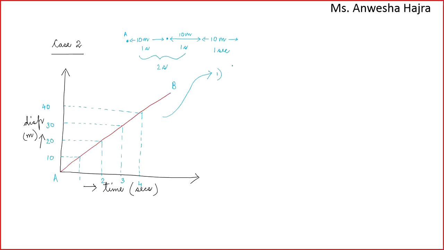What is this velocity? First we can say, number one, the displacement is increasing with time. Looking at the graph, we can say that the displacement is increasing with time.